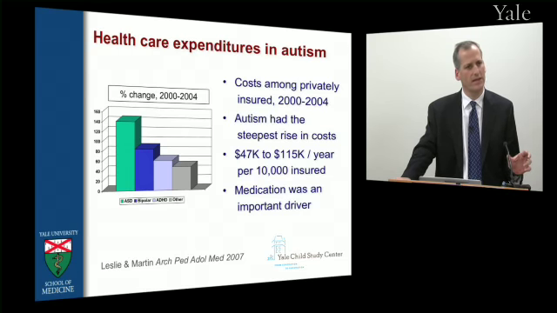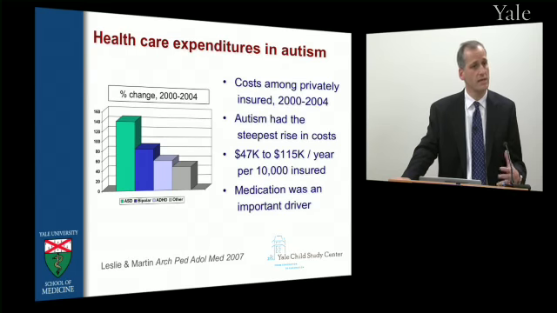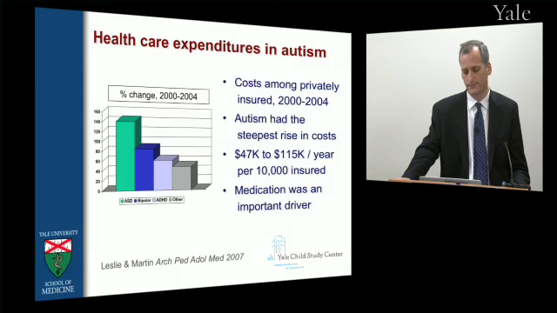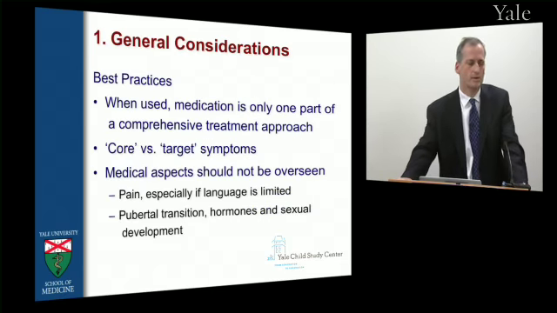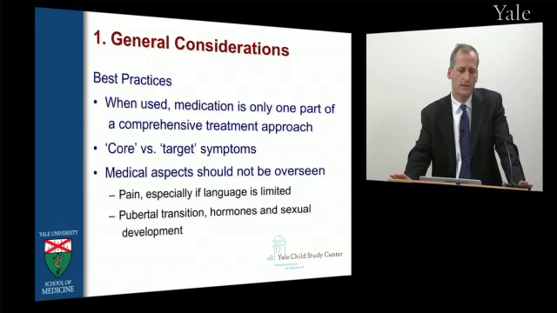So regardless of the actual number, it more than doubled in a very short period of time. And medication, importantly, was one of the key drivers of these costs. Okay, so much for some prevalence and numbers to place the conversation in context.